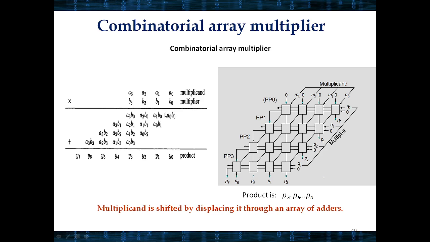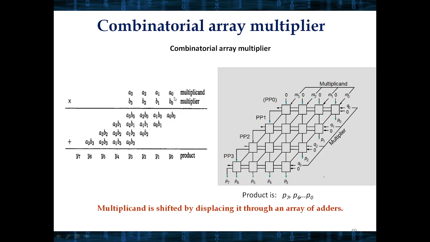The truth table for an AND gate is: if both the values are 1, then the result will be 1, otherwise it is 0. So if B0 is 0, then whether the multiplicand bit is 0 or 1, the result is 0. That's why if B0 is 0, you will be getting all the values as 0.